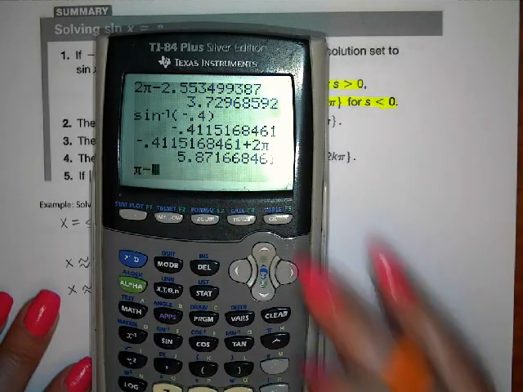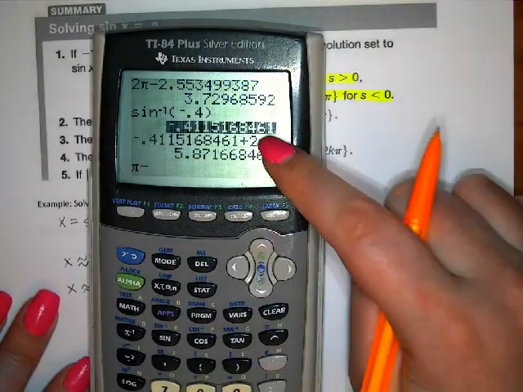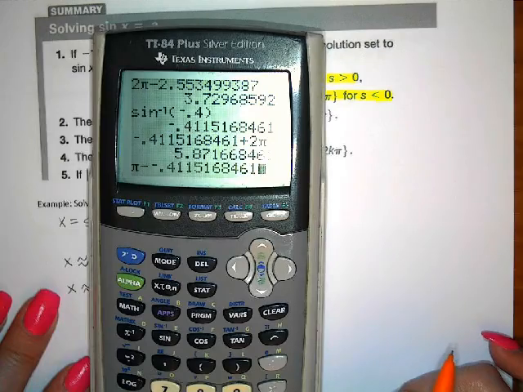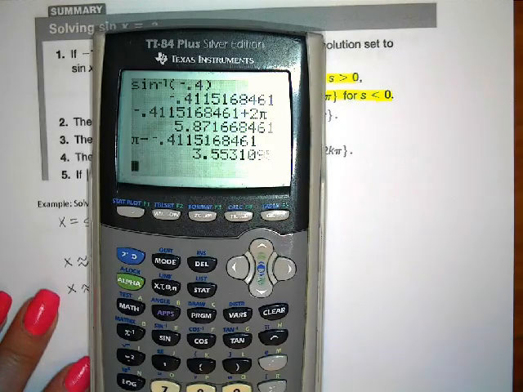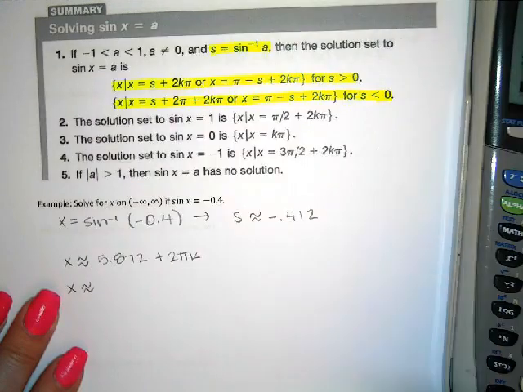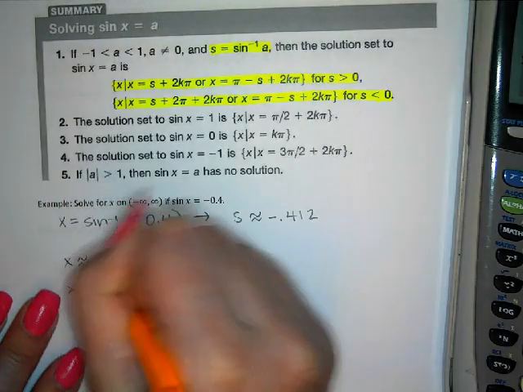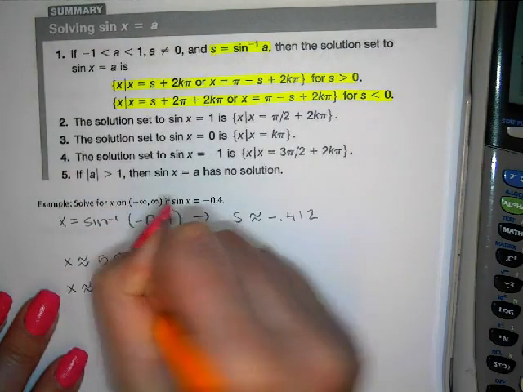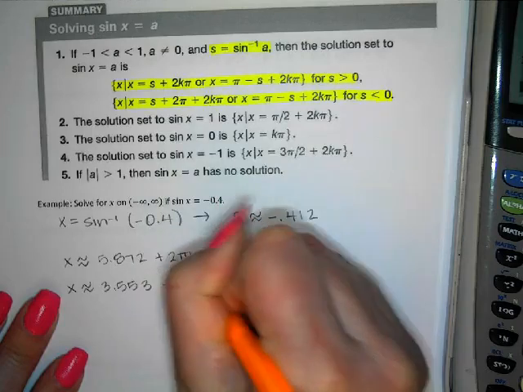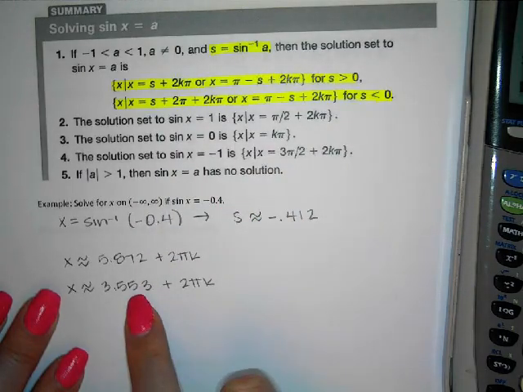This is my S value. Pi minus S, 3.553, plus 2 pi k.